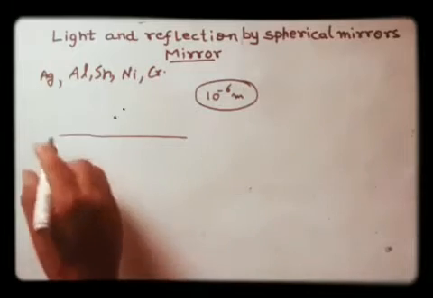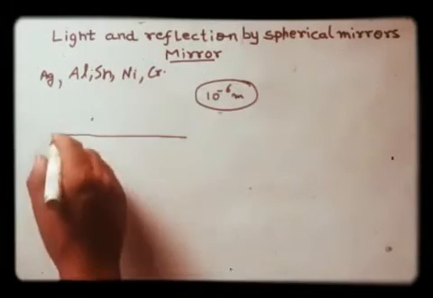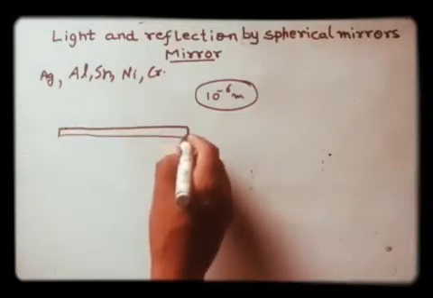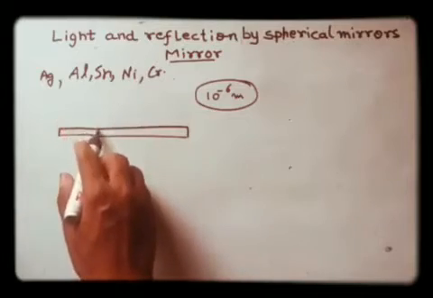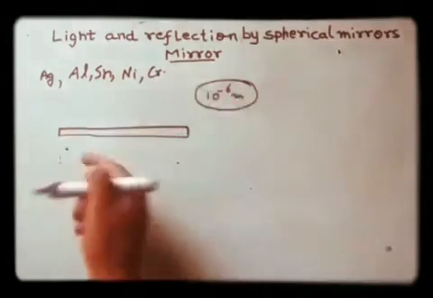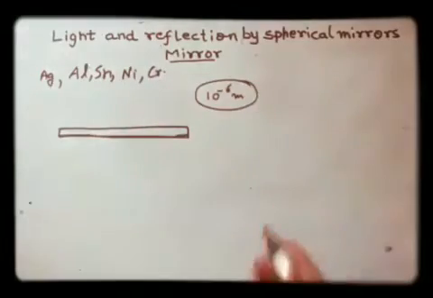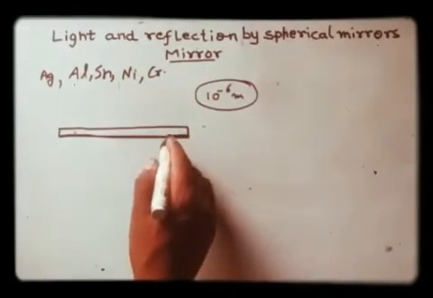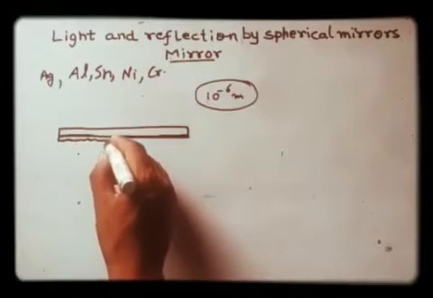So in order to prevent that deformation of that thin sheet, we place a glass surface over it. Now glass is transparent, so rays can easily pass through it and get reflected from this reflecting surface, which is made up of some metal among these. And then the back side of this gets painted.